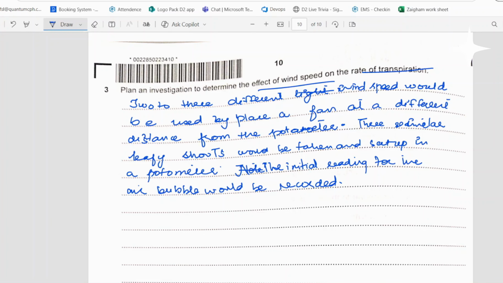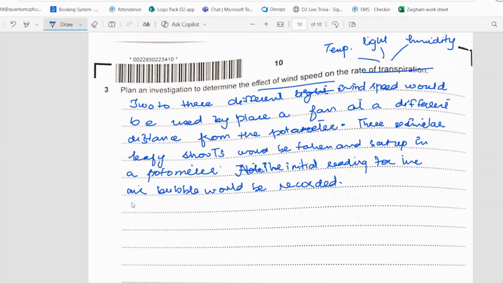Okay, what should be kept constant? Now, transpiration is affected by 4 factors. One is given, wind speed. What are the other 3 factors? One is temperature, light, and the last one is humidity. So these 3 factors should be kept constant.